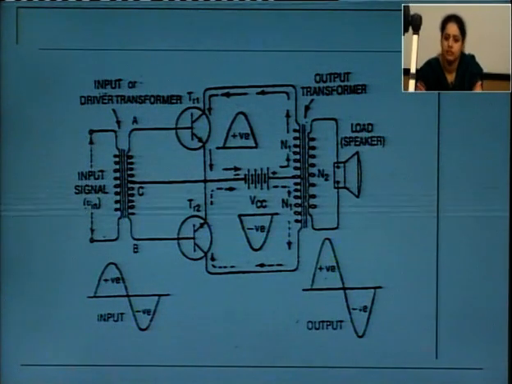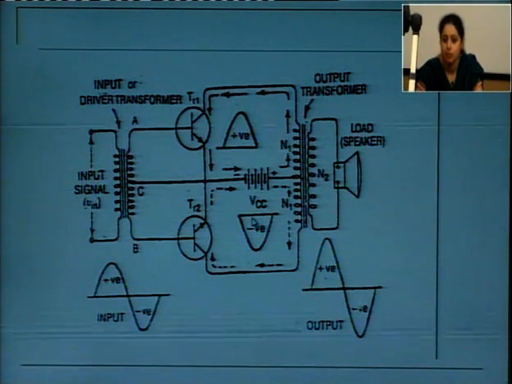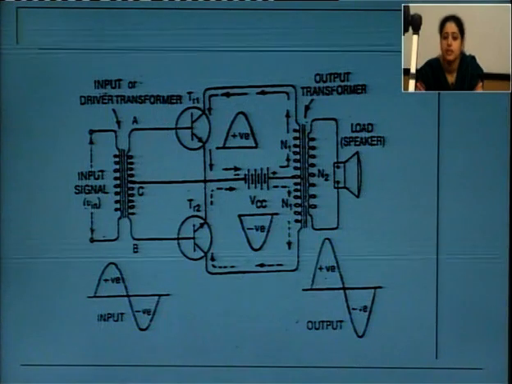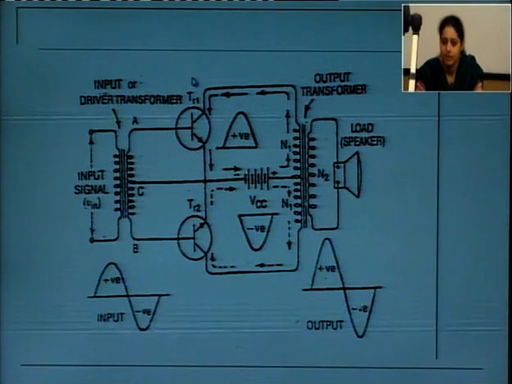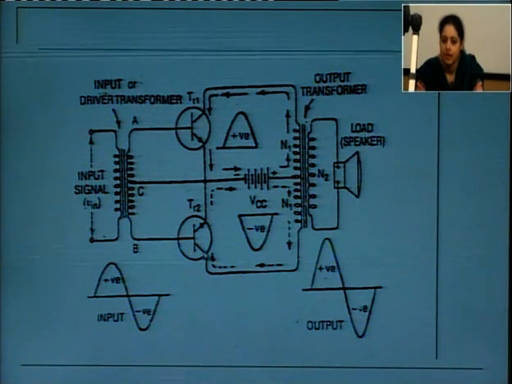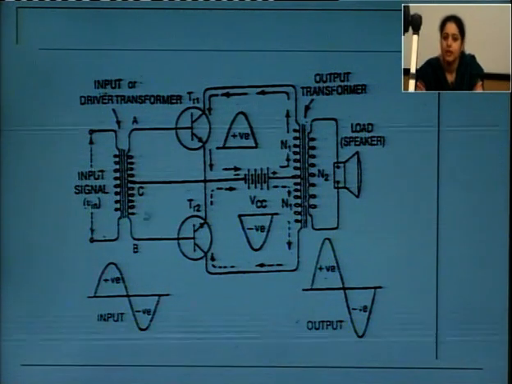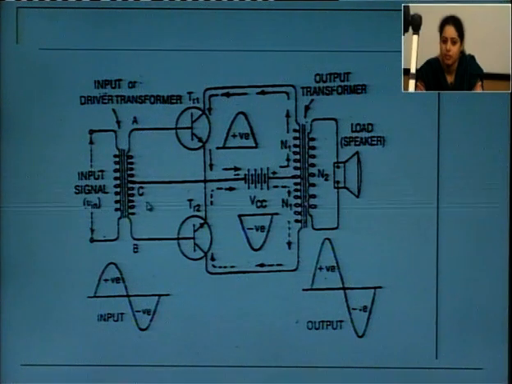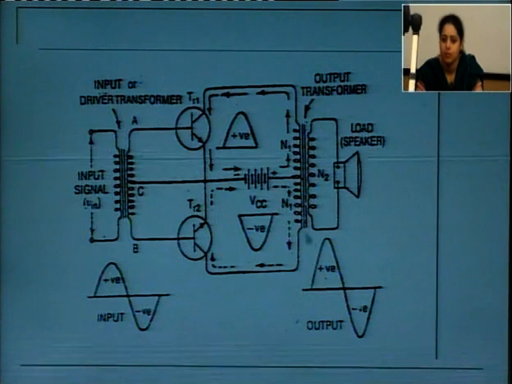This is the circuit diagram for your class B push-pull amplifier. For the push-pull arrangement we have discussed that we are using class B amplifiers. So we have two transistors that are placed in the class B arrangement. At the input you have a driver transformer that is center tapped. At the output also we have transformer coupling that is linked to the loudspeaker.